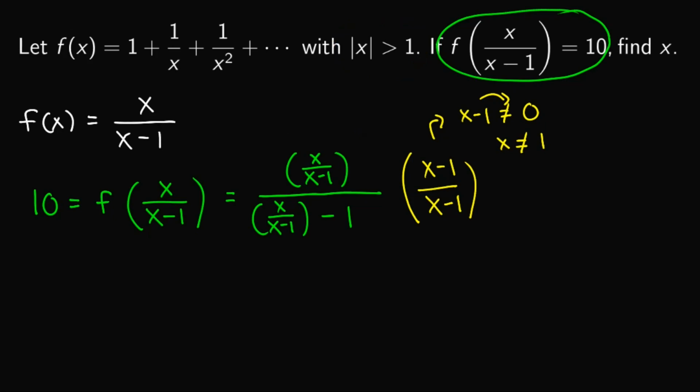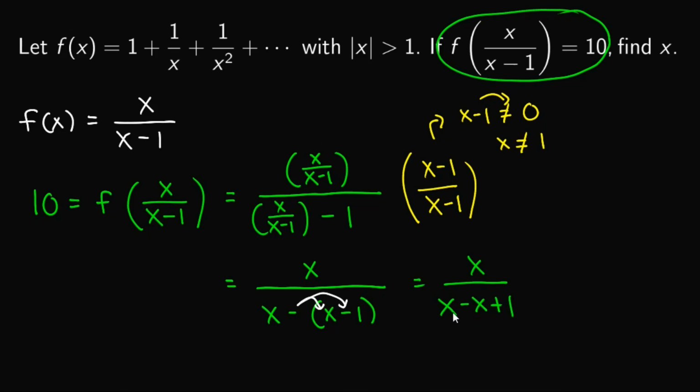So we'll have x on the numerator, and in the denominator we have x minus 1. We multiply this in each term. Simplifying this, we distribute the negative sign and obtain x over x minus x plus 1.